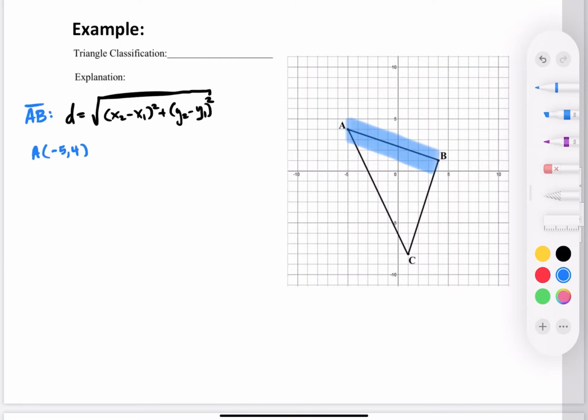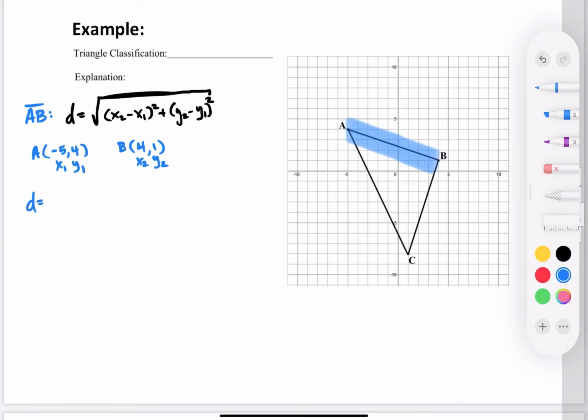And point B looks like it's located at (4, 1). So what I'm going to do is I'm going to assign my x1 and my y1 for point A, because that's my first point, and my x2 and my y2 for point B, because that's my second point. And all we got to do is substitute. We plug and play. So I'm going to substitute this information in here.